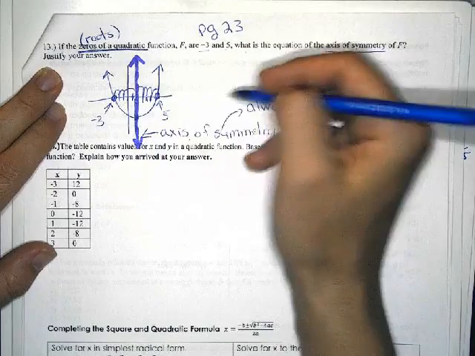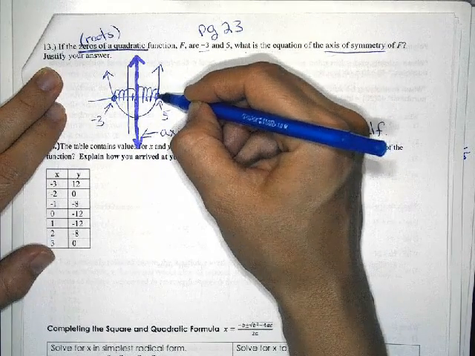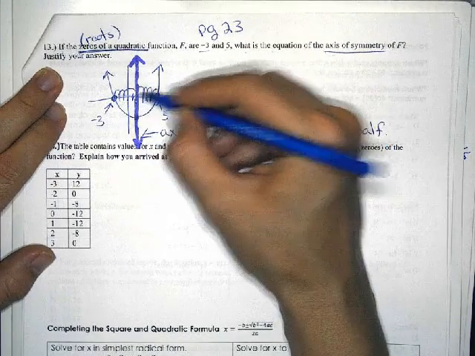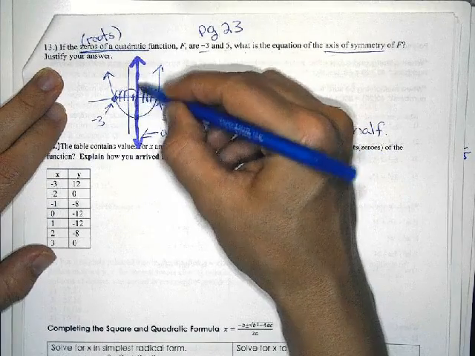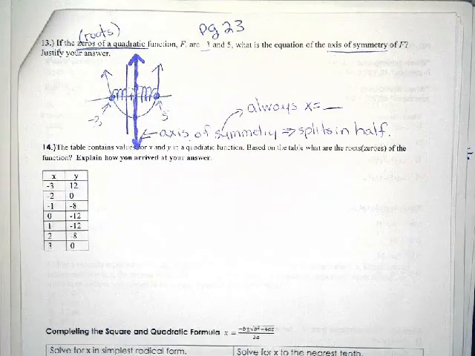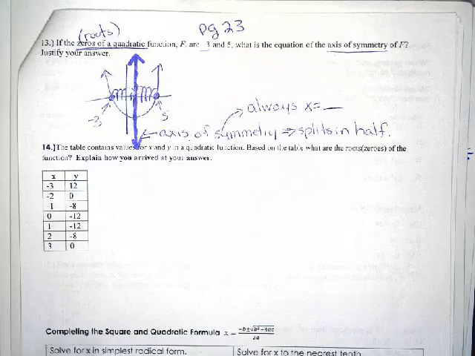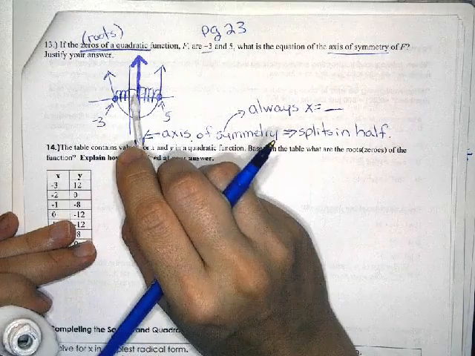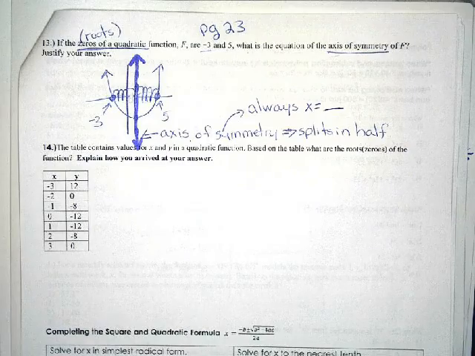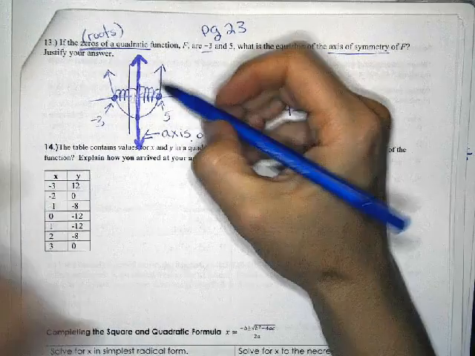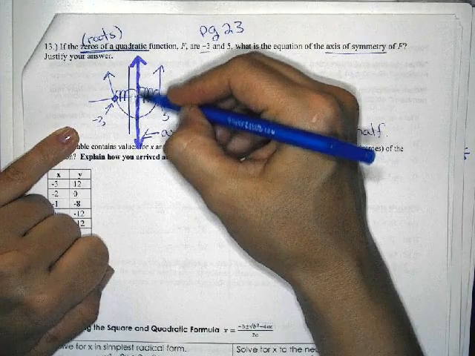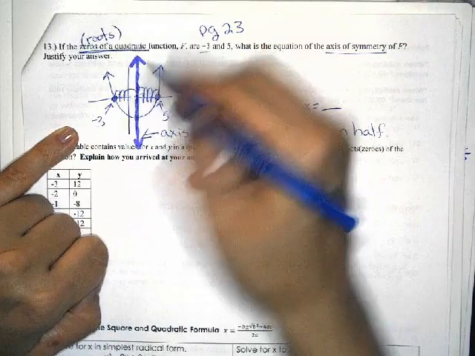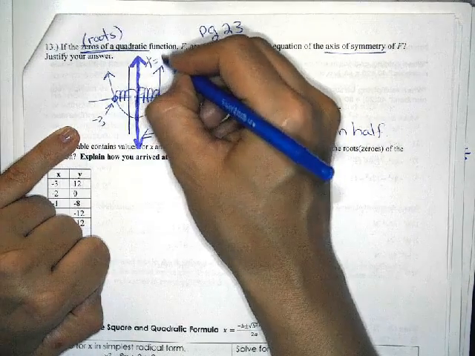If I count in 4 from the right and 4 from the left, what number is this? 2. Hold on. That little number right there doesn't count. This one right here is a mistake. How far in am I? Not 2. I'm in at 1. This is the equation x equals 1.